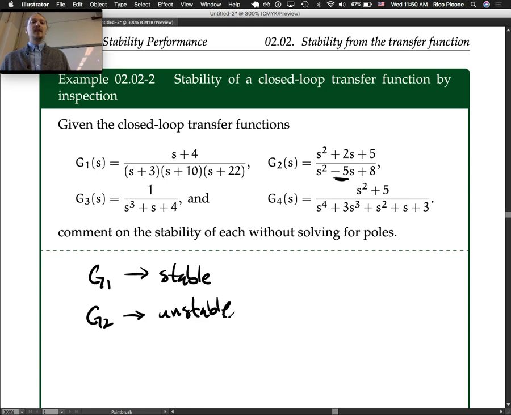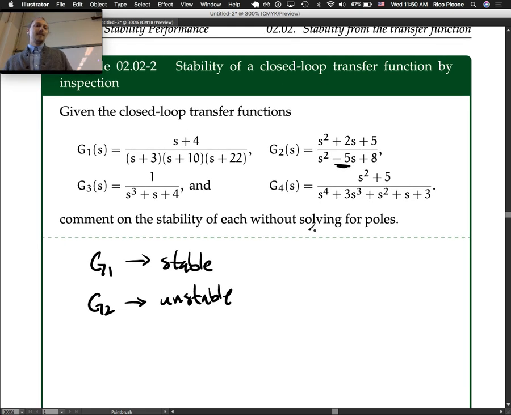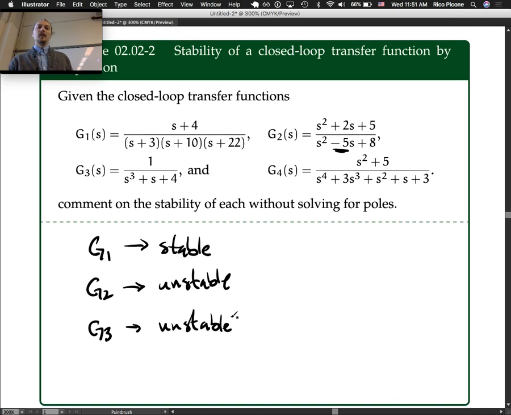We didn't even have to find the poles. G3, we look at that. What can we say about it? Yeah, the s squared term is 0, coefficient 0, therefore unstable. We can test for instability without even having to solve for those poles.